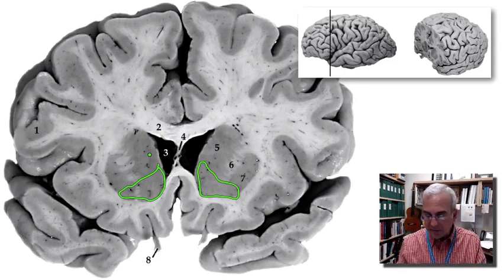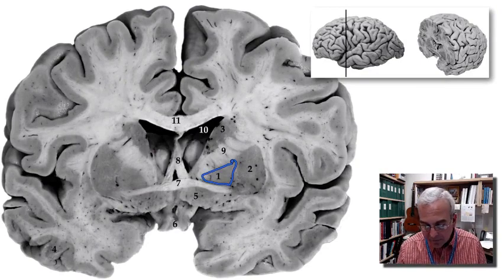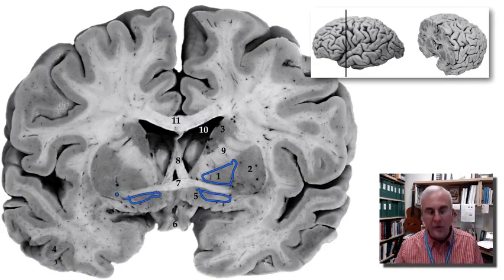The nucleus accumbens sends inputs into the ventral pallidum, and I recognize this triangular region as the globus pallidus. The ventral pallidum begins to take shape just underneath this anterior commissure and extends posteriorly just a little bit.